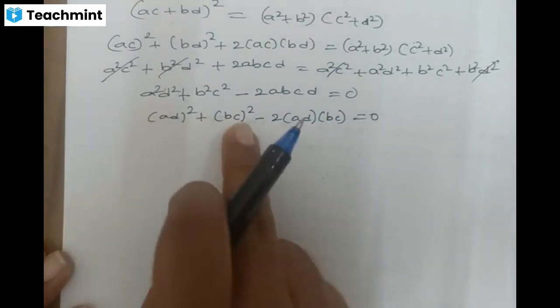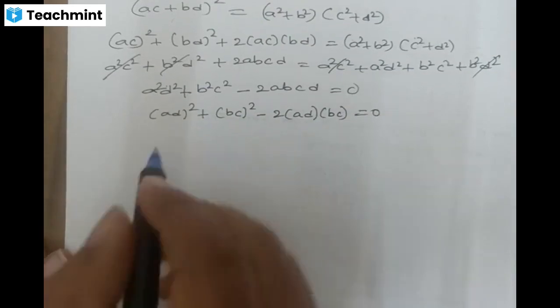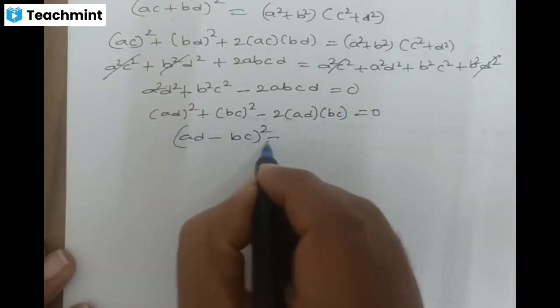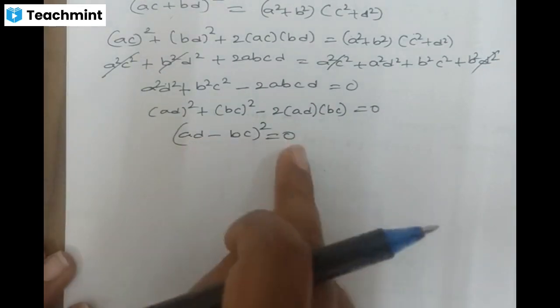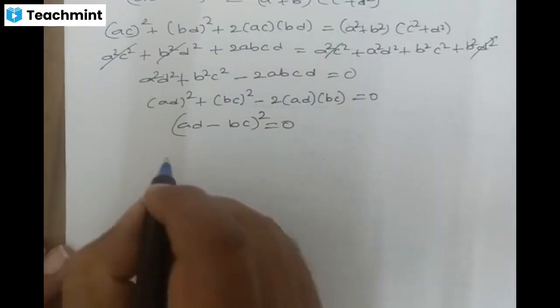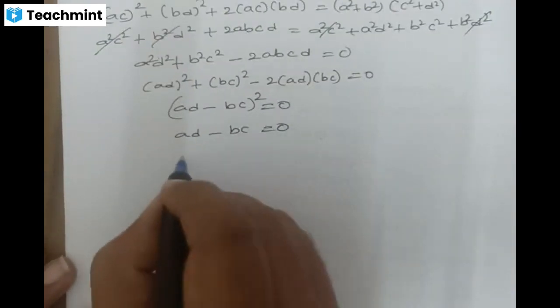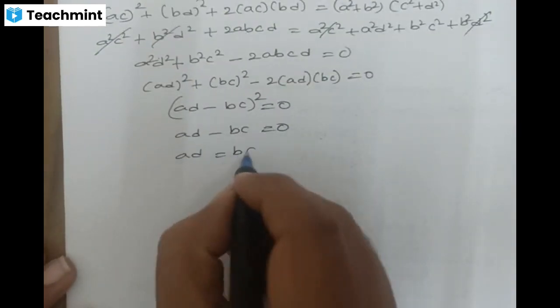Now it is like a square plus b square minus 2ab, so we can write ad minus bc the whole square equal to 0. Since x square equals 0 means x equals 0, that is ad minus bc equal to 0. That means ad is equal to bc.